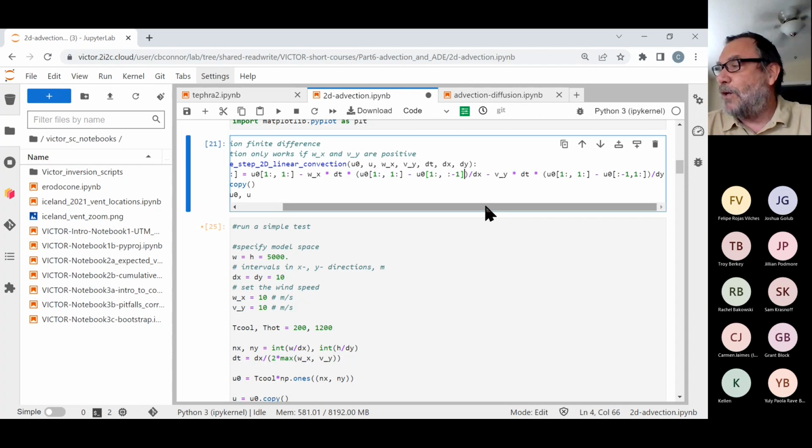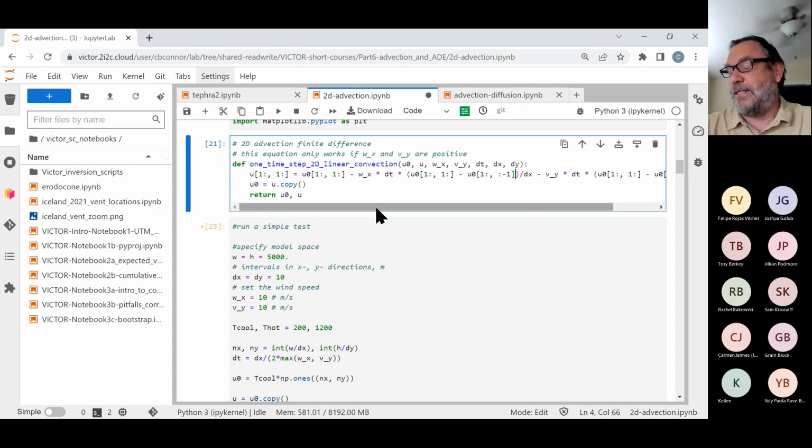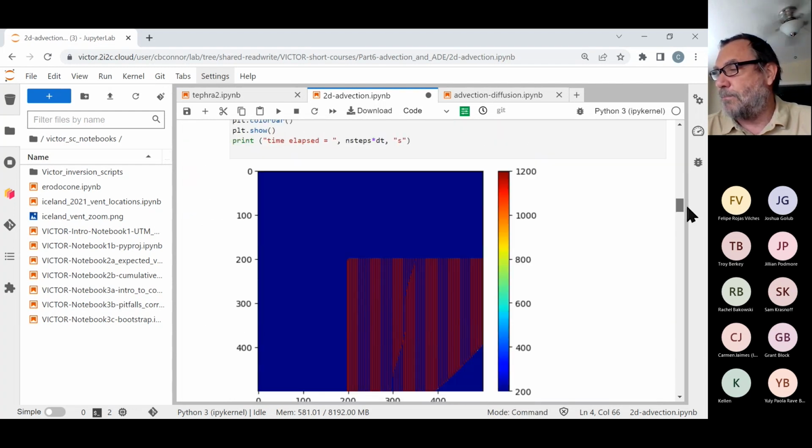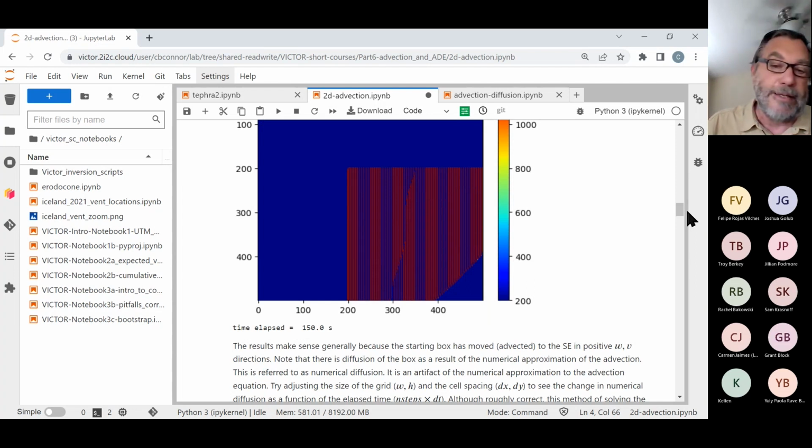So even though this is a nice simple solution to the advection equation, it kind of falls apart in a lot of circumstances. There are other issues that make it numerically unstable as well. And when I say numerically unstable, I'm saying that this is not a sensible solution to the advection equation. So somehow my computer simulation just blew up.